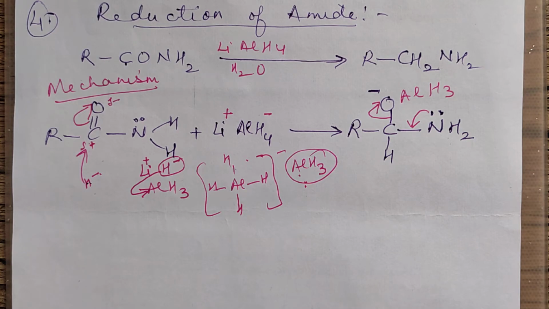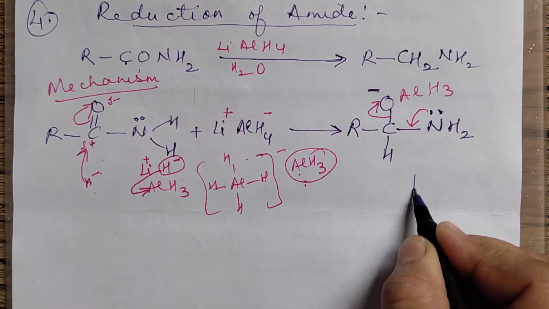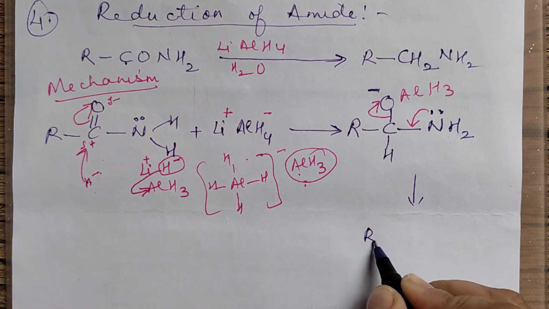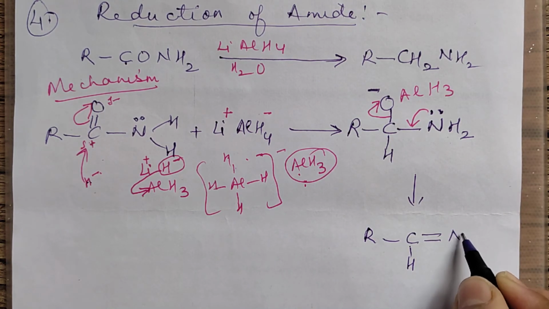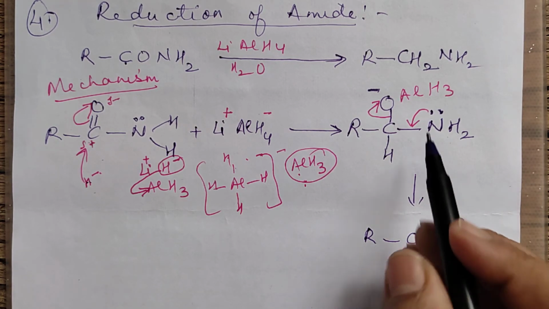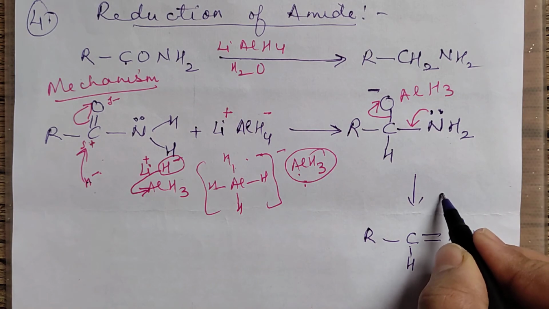So let me write what changes I have shown here. In the next step, it is R, you have here C, H, this is a double bond. You have here NH2.